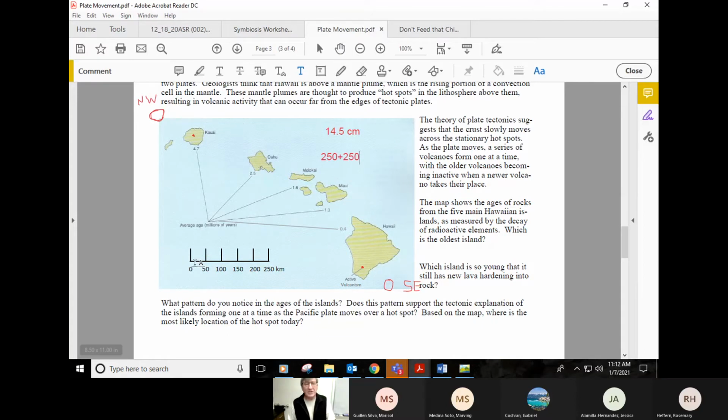If I do it twice, I have a line that's 11 centimeters long, but I need 14.5 centimeters, so I need 3.5 more, and that takes me basically to 150. Let me double check that. A little more than 150. We'll call it 160.